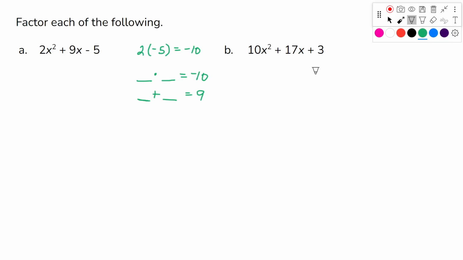Well, for factors of 10, we have 1 and 10, and we have 2 and 5. And I'm trying to think how that's going to work to give me the 9.